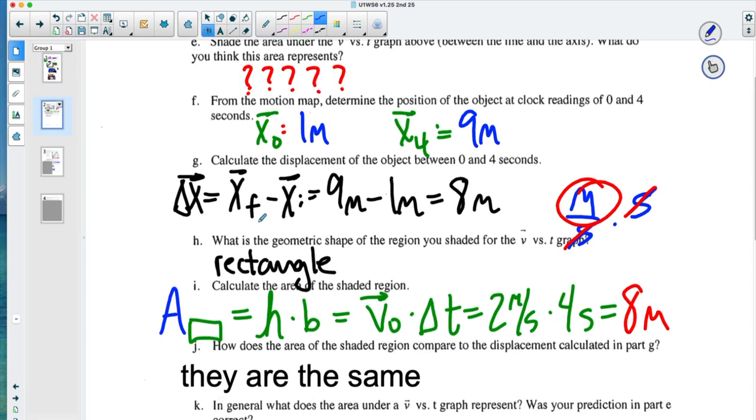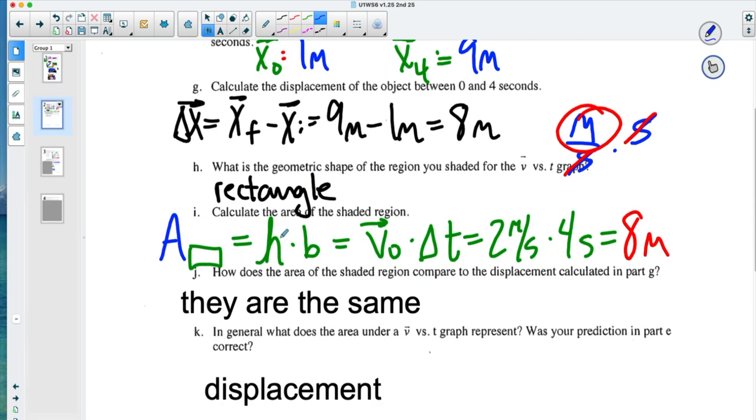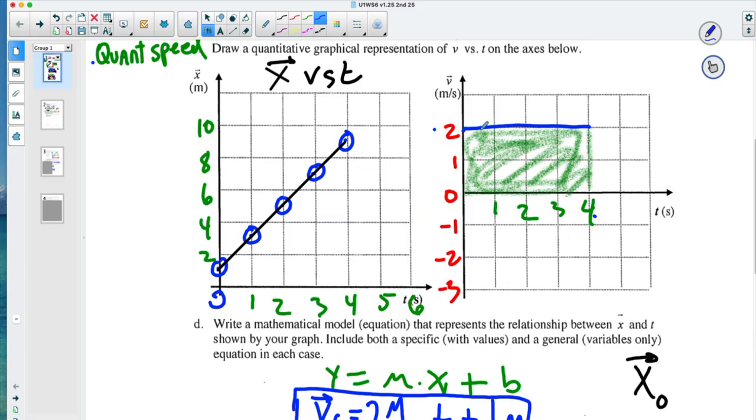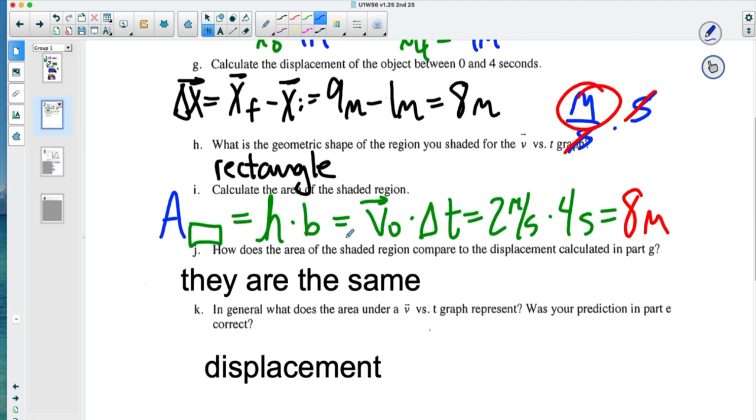So when we calculated the area of the rectangle, we did the height times the base. The height of the rectangle actually represents the velocity of 2 meters per second, where the base represents the change in time of 4 seconds. So we said that the height is the starting velocity, the base is the change in time, and so the starting velocity of 2 meters per second times 4 seconds was 8 meters.